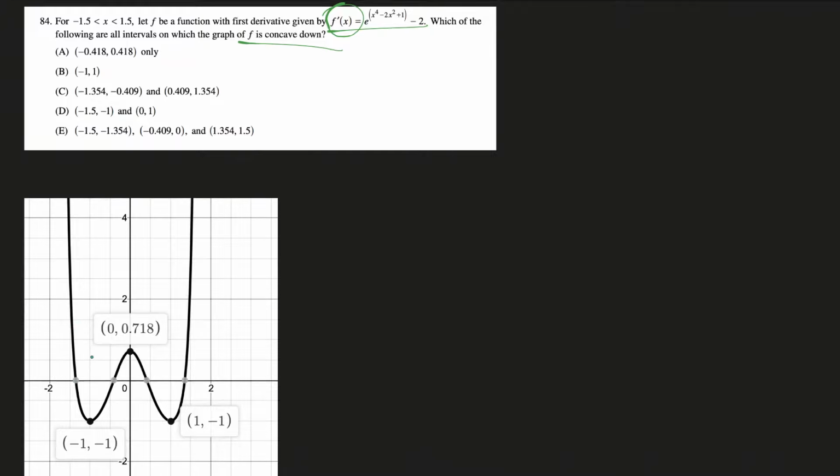If you think about it, as we go from negative 1.5, which is somewhere out here, the slopes are always negative until we reach here, where it's 0. So from negative 1.5 to negative 1, the function f is concave down because f double prime of x is less than 0, since the slopes are negative.